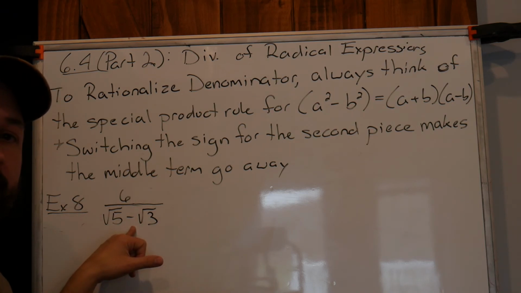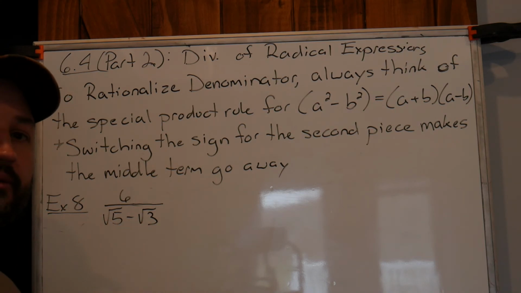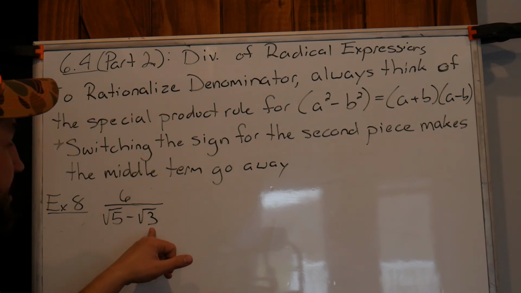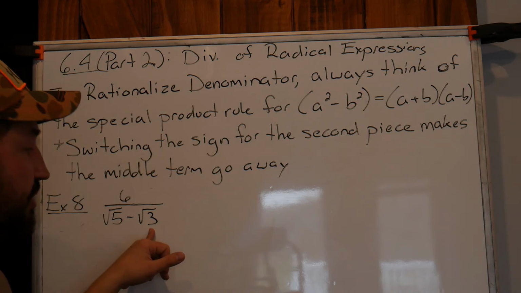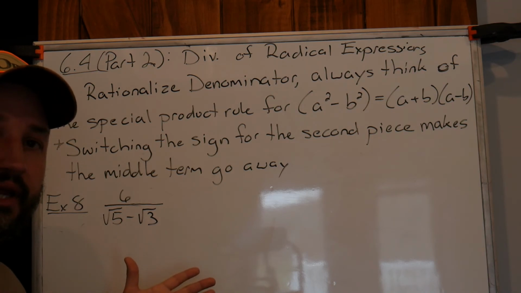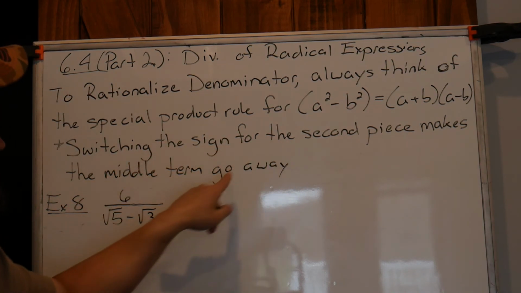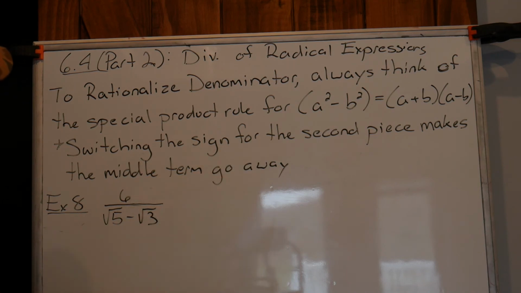The x squared means we're squaring this first term. Square root of 5 times square root of 5 gives us 5. Then we're squaring the second term at the end. Square root of 3 times square root of 3 gives us 3. That middle term is going to fall out. You'll see how we're going to do this. So think this route. It'll make the second piece fall out.